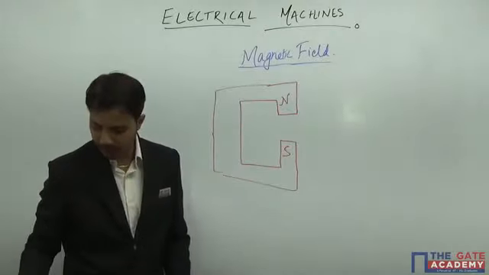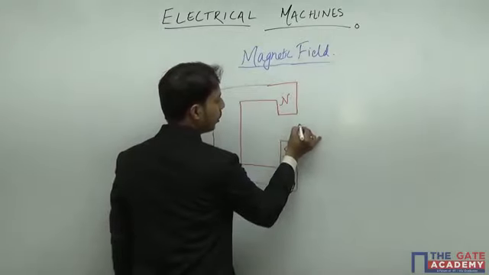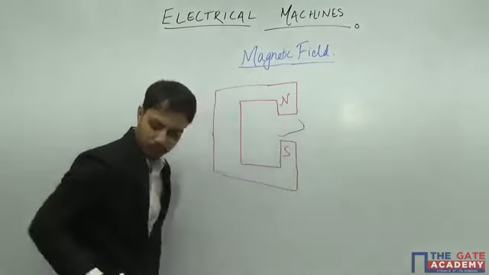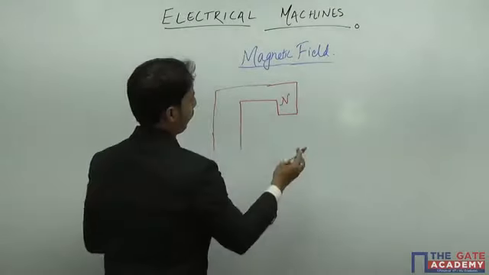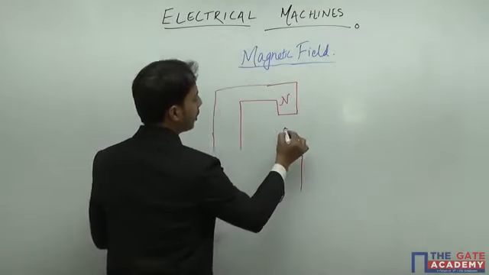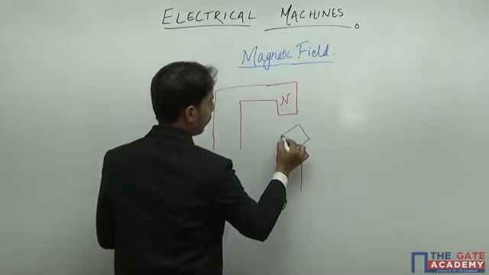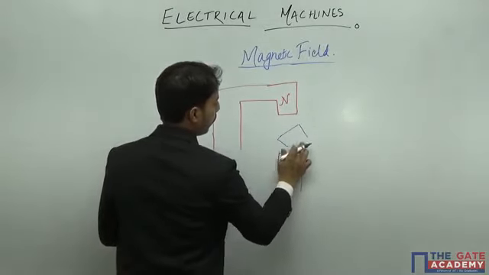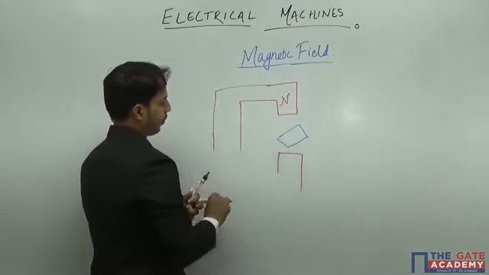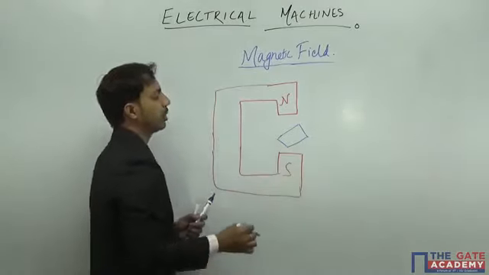Now suppose I have blades positioned, let us draw it in a proper way. Say this is my blade. This is my north pole and this is my south pole.